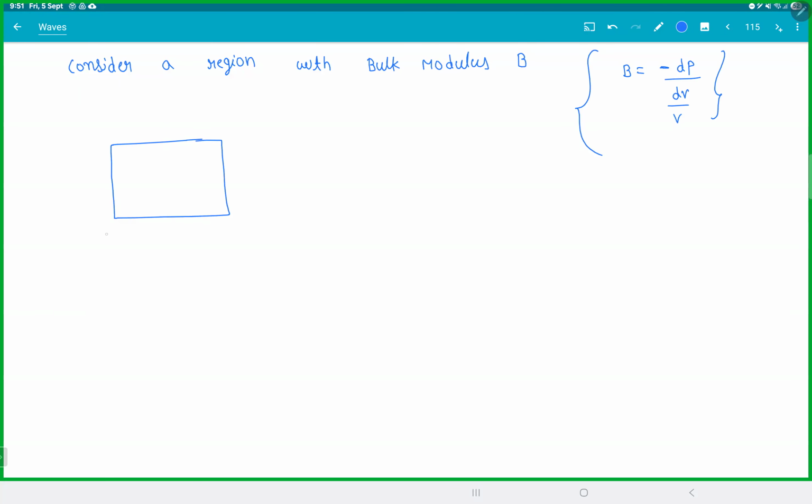So take a small region where one x coordinate is x and the other is x plus dx. When the wave is traveling, let the particle at x travel by distance y, and the particle at x plus dx travel by distance y plus dy.